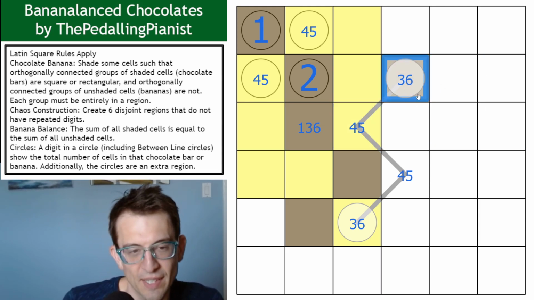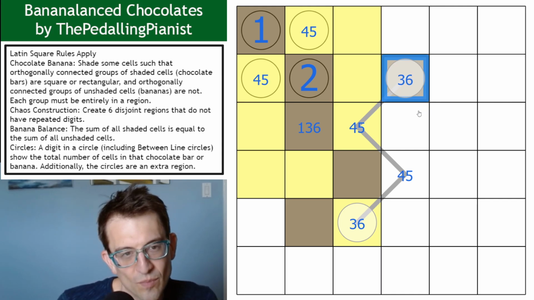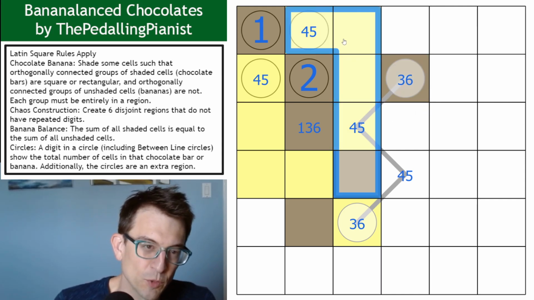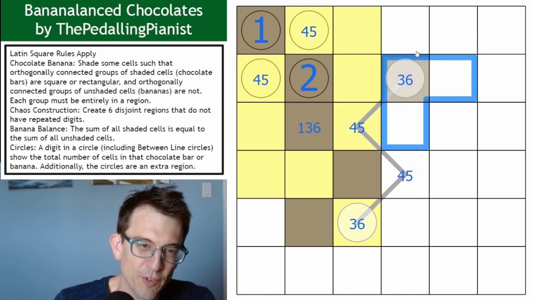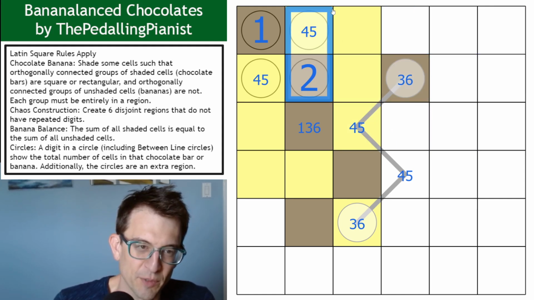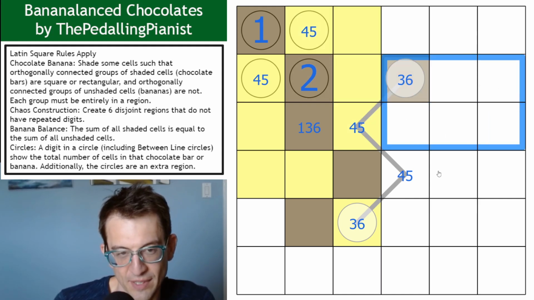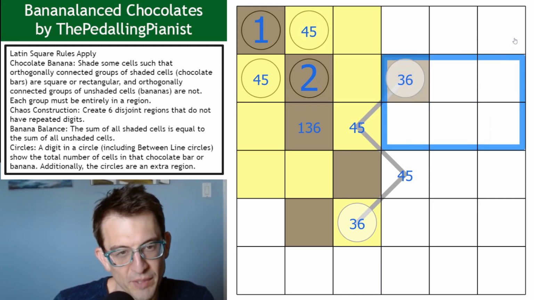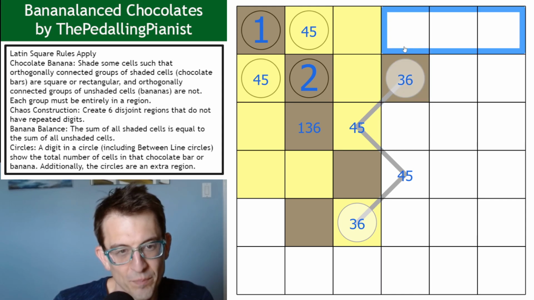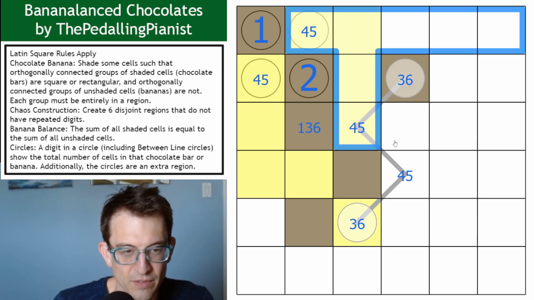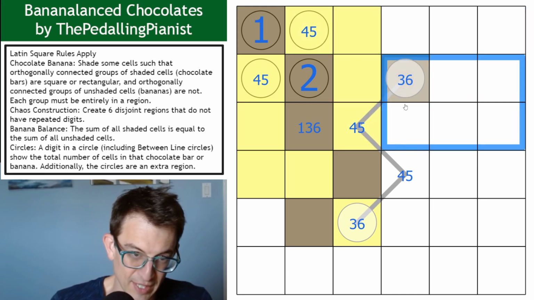Okay, how would this be a 6? Because this can only grow at most once more. So I've got to be careful about the way I arrange this to not expose too many extra banana cells that would attach to this. For example, this couldn't be a 6 cell region because these would all be banana, and that would make too large of a region. So we couldn't have a 6 cell like this.